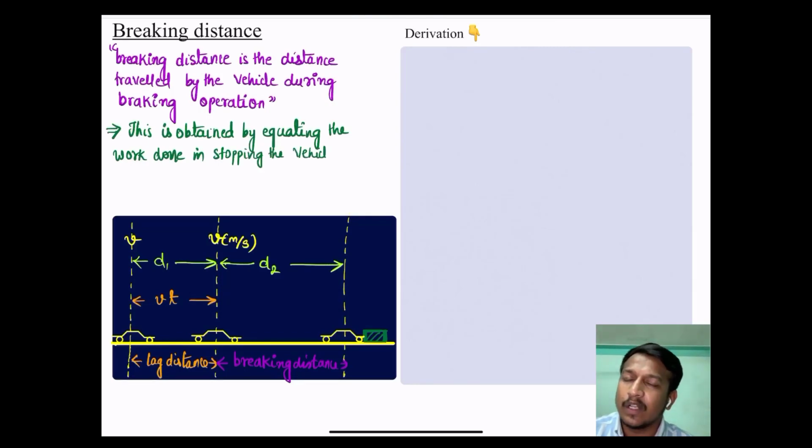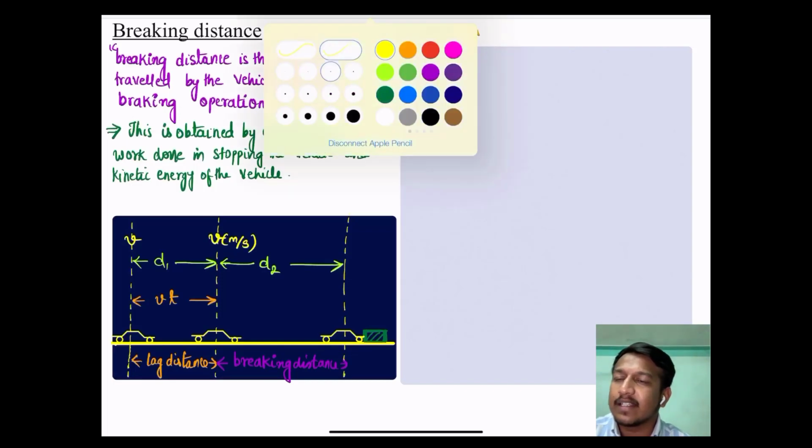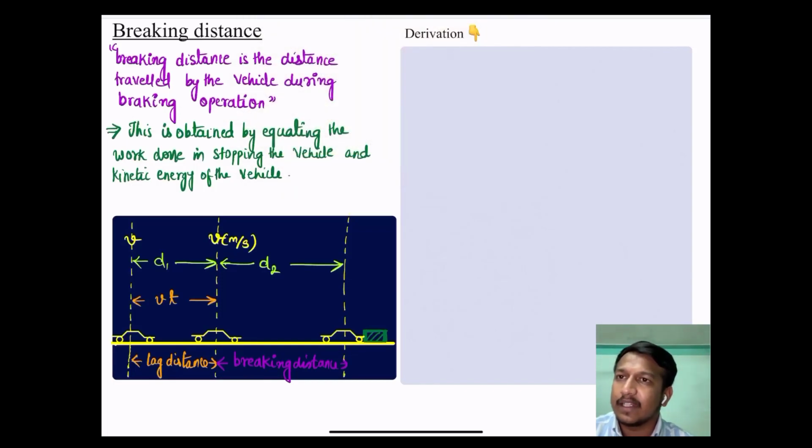It means that you will use the work-energy theorem to calculate the braking distance. That is, change in kinetic energy is equal to work done by the friction, to calculate the distance D2, which is the braking distance.